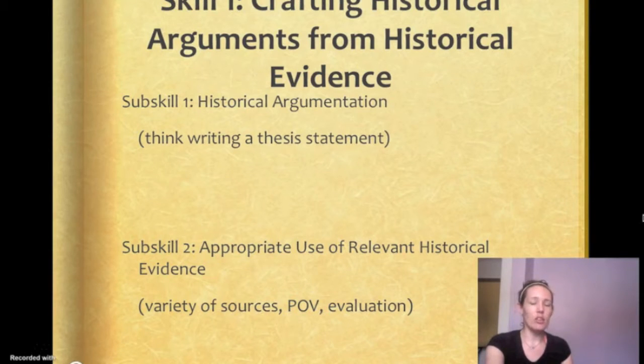Essentially, you're taking the cues from the question and you're proving to the AP readers that you can make a sophisticated historical argument about something. So more or less what that means is you can write a thesis that has an argument and that defends that argument throughout your essay. That's what historical argumentation is.